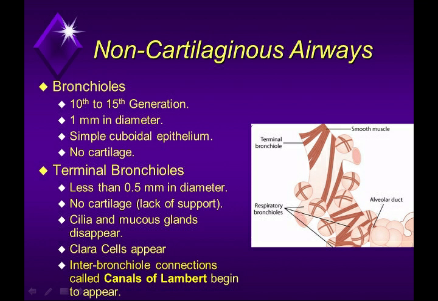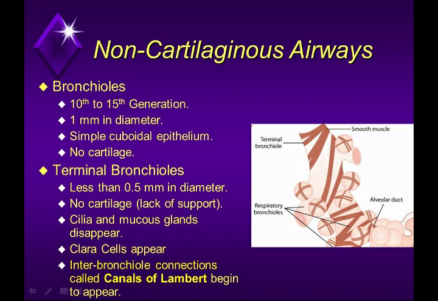Then we keep branching. Now we've gone from trachea, main stem bronchi, lobar bronchi, segmental bronchi, subsegmental bronchi, to bronchioles. Okay? And these are basically continuing on to the 10th to the 15th generation. You don't really need to know those numbers, but just so you can get an idea of how far down we're going.